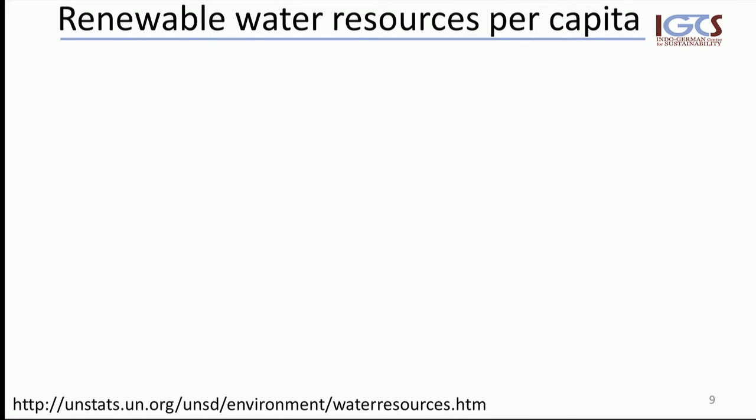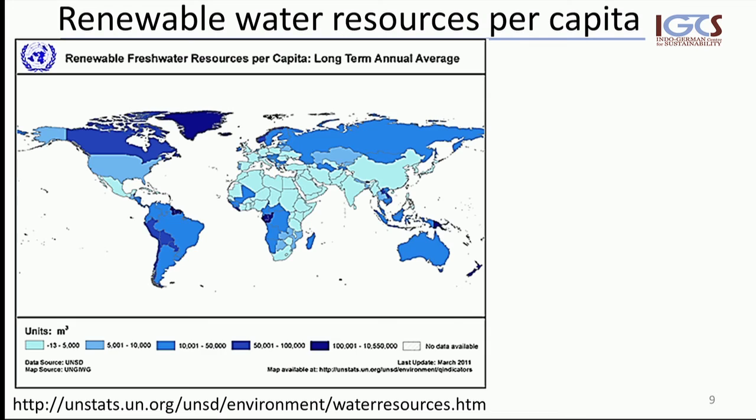Now, this picture changes very much when we look at the renewable water resources per capita. And we have here the statistics provided from this UN database, which I suggest you check out yourself and also make use of for your own studies.